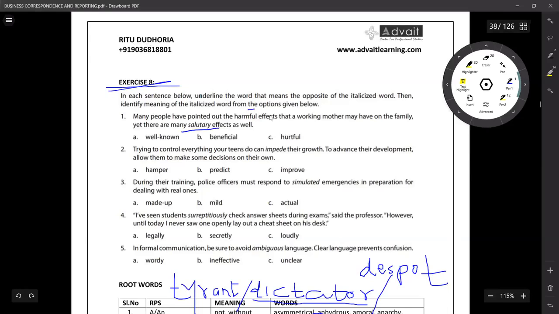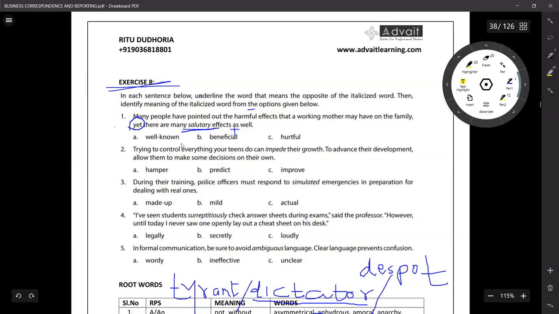Harmful effects, negative, that a working mother may have on the family, yet means change, contrast. She studied well, yet she failed, contradiction. Yet there are many salutary effects as well. Salutary will now be positive because yet will connect opposites together, negative, positive. Salutary will mean positive. Correct.